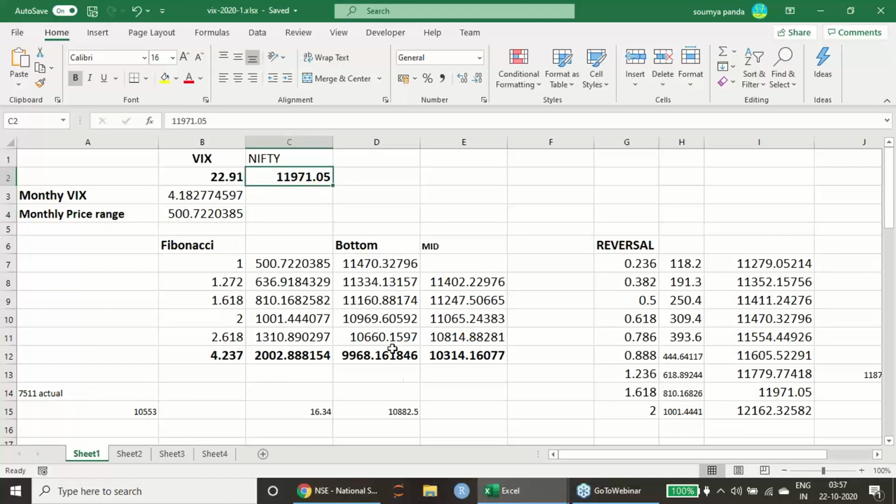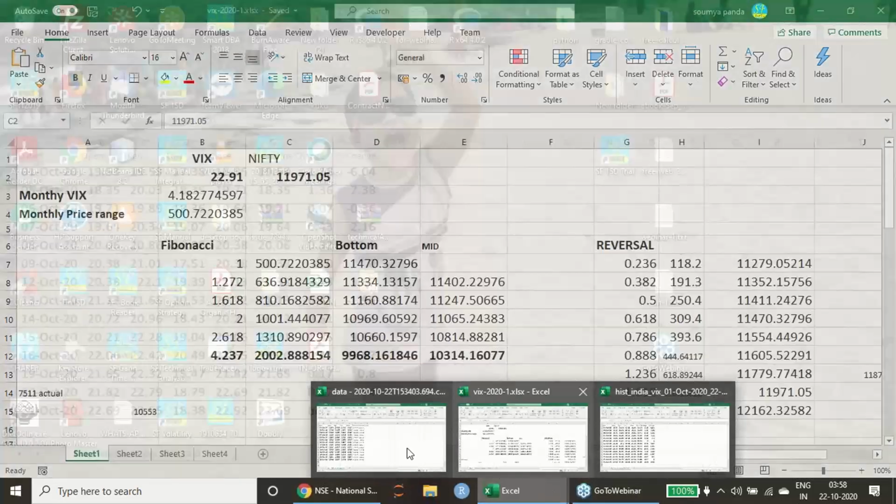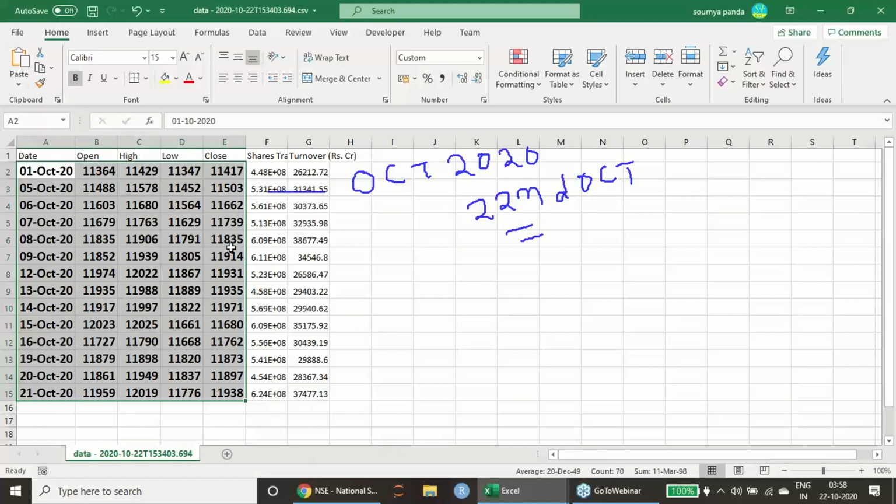From the high of 11,971 we have to calculate the bottom. So based on the October 2020 data, till 22nd October I have considered the closing basis. Maybe the day's high will be different, the day's low will be different, but we are taking the closing basis.